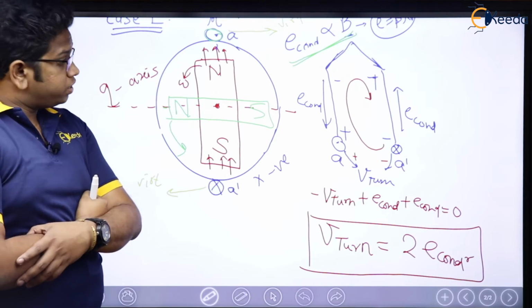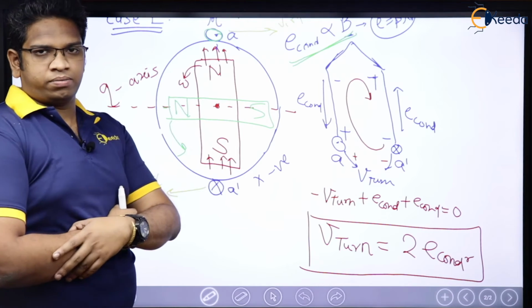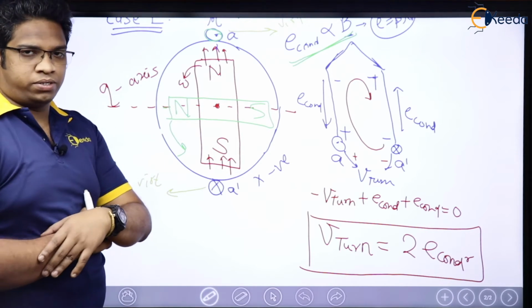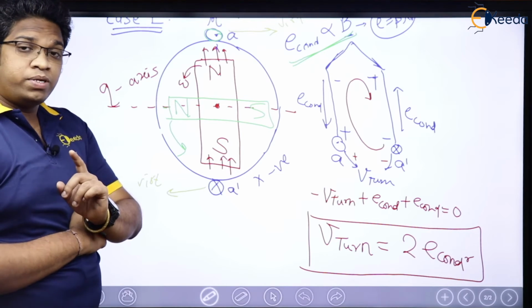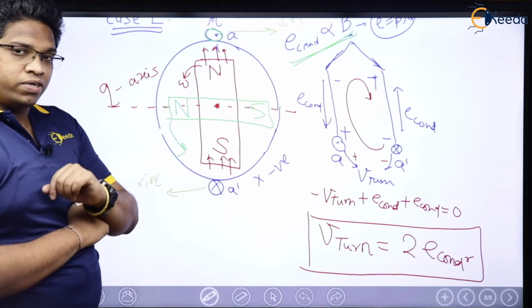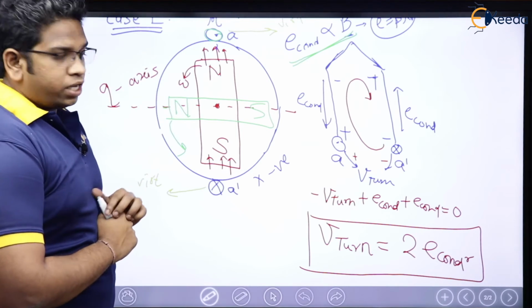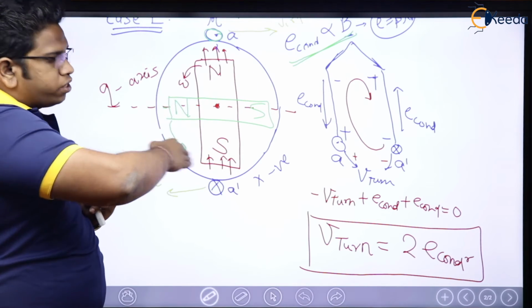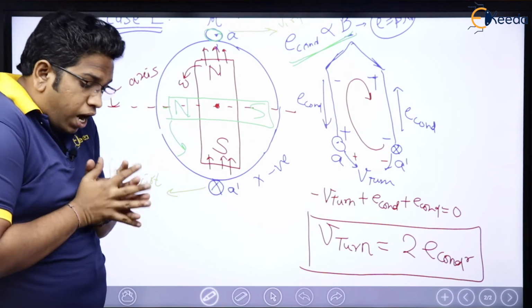Since I am sitting there on the conductor and doing time pass, whatever observations I get will be time displaced. We have already discussed this. So when I am sitting there, this particular rotor is rotating, no problem. What will I observe?